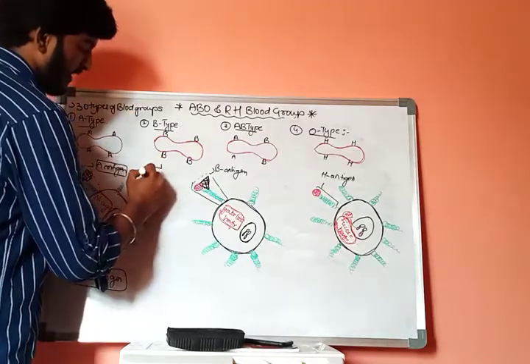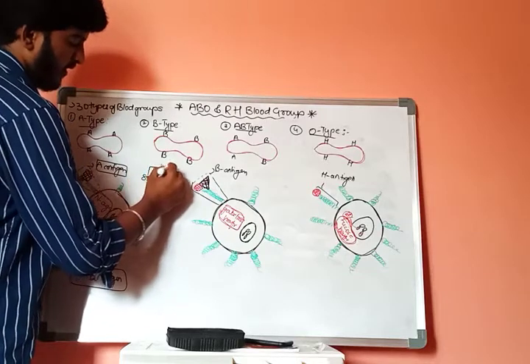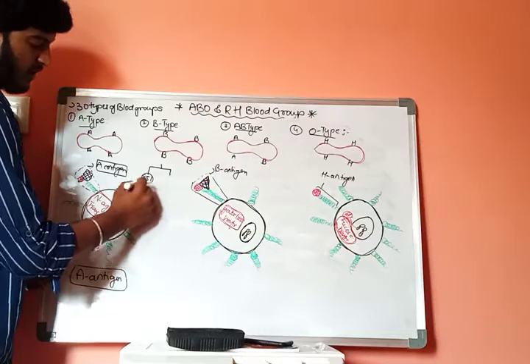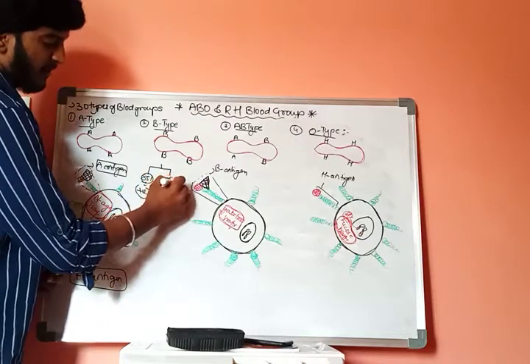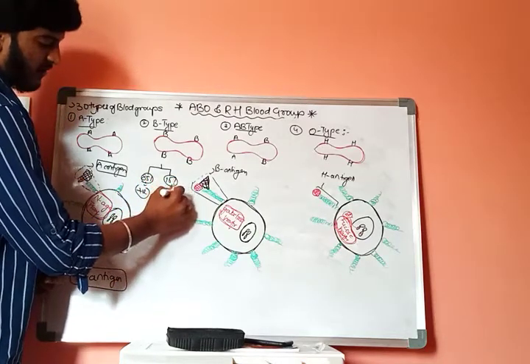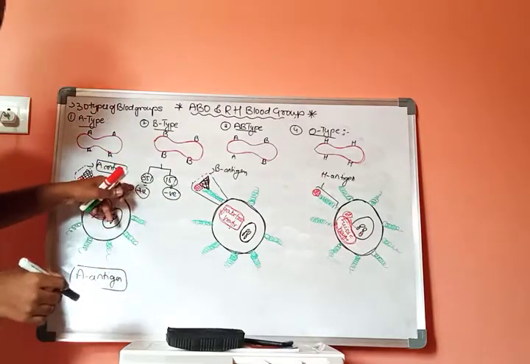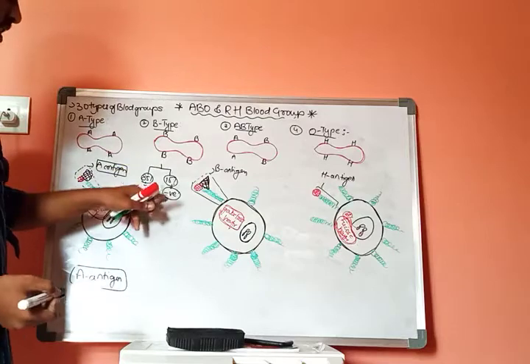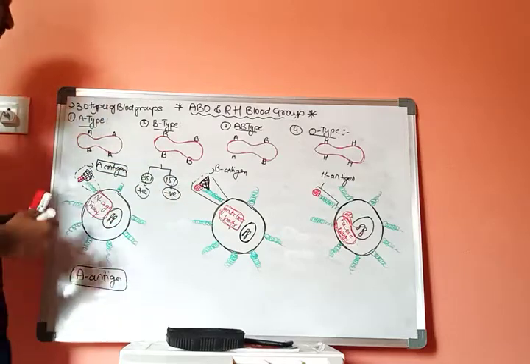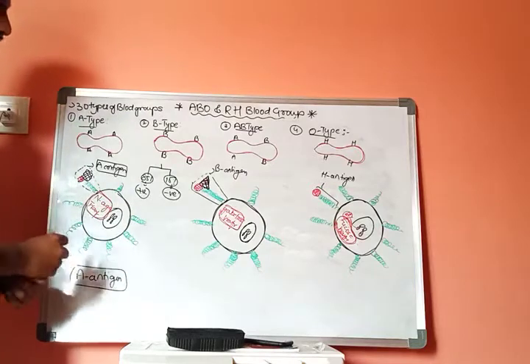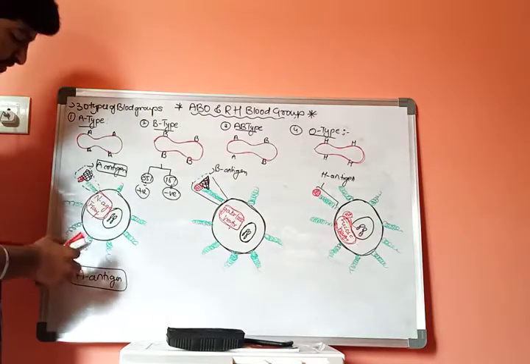When injected into humans, 85% of people show a positive response, whereas 15% show a negative response. These 85% of people are called Rh positive and the 15% are called Rh negative.